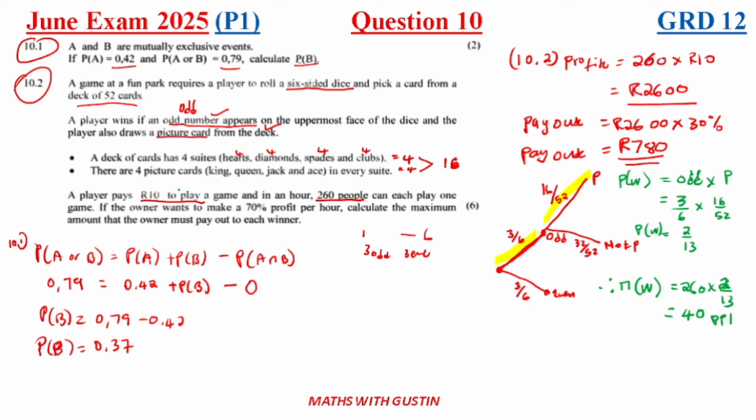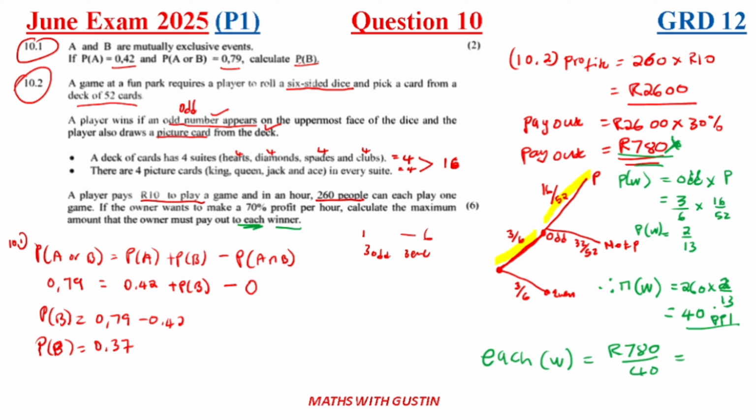So what is the question? The question said, calculate the maximum amount the owner must pay to each winner. So this is the total amount that the owner will pay to the winners. If we've got 40 winners, each winner will get 780 divided by 40 people.